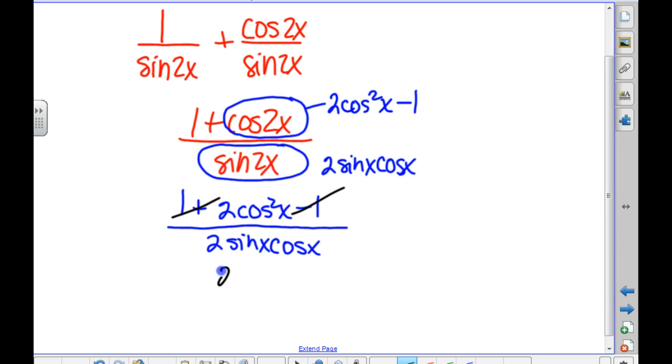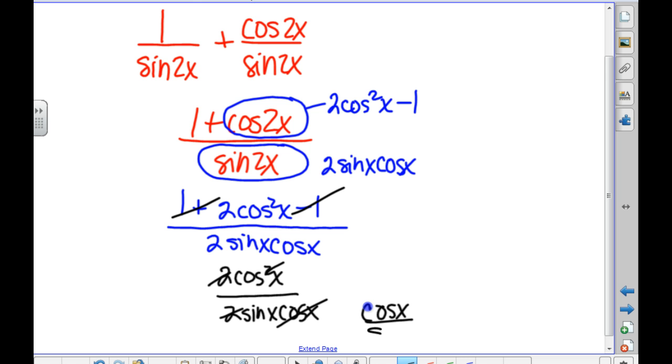So I'm going to rewrite that step. Then I can cancel one of the cosines and the 2, and I'm left with cosine of x over sine of x, which is the cotangent of x, which is what the right-hand side said.